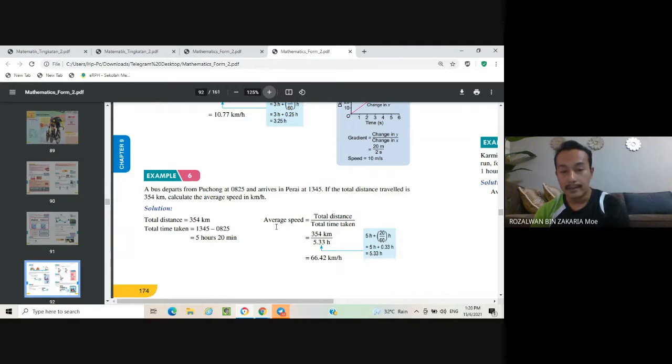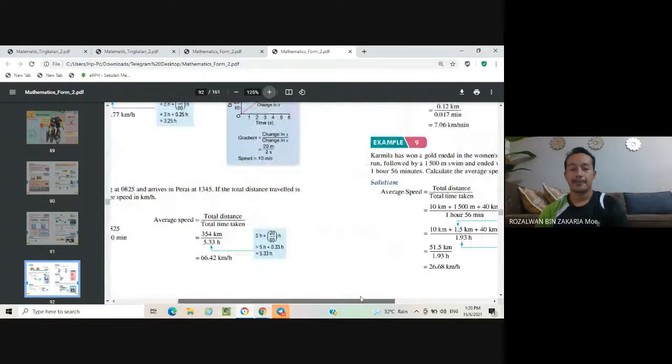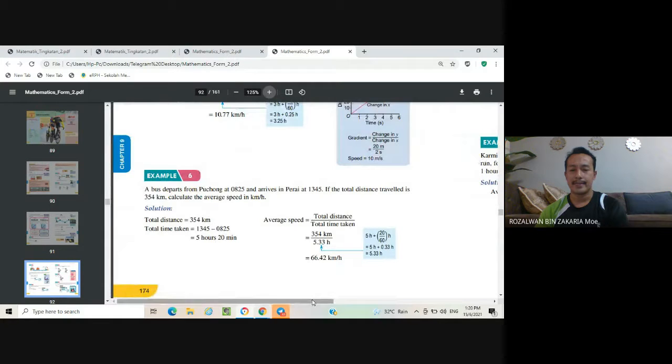After that, use the formula average speed equals total distance divided by total time taken, equals 354 kilometers divided by 5.33 hours. Then you will get the answer 66.42 kilometer per hour. Okay, all right. So that is the answer for example 6.